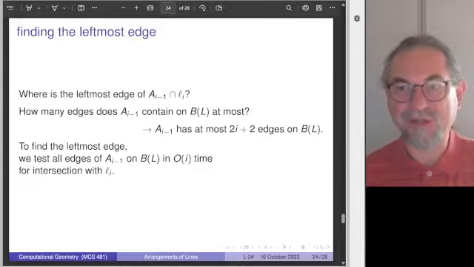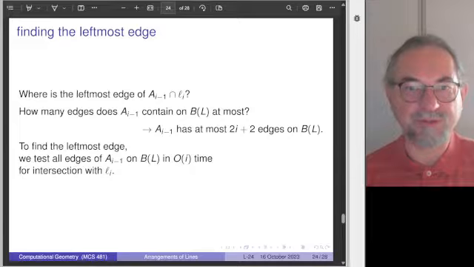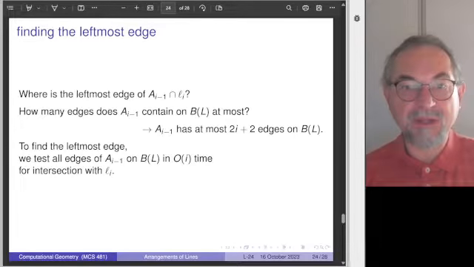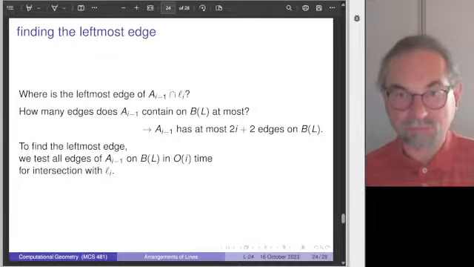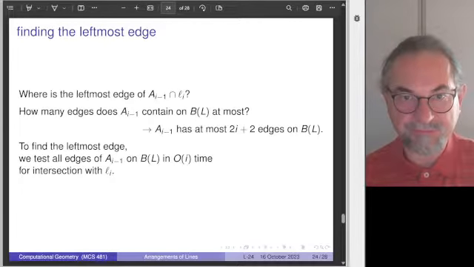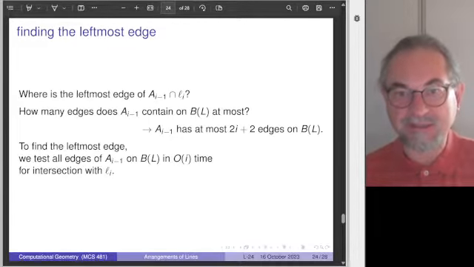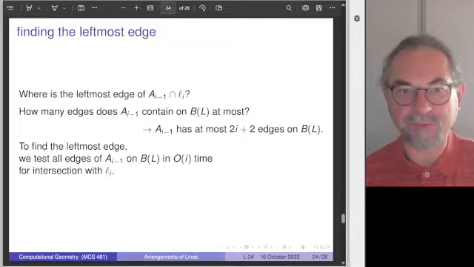If you have a line, you can compute the slope and try to predict where you need to consider. But in any case, if you have to test all the edges, then that can be done in time proportional to the number of lines you have already processed. So here it says how many edges there are on the boundary of the box. So finding the leftmost edge is linear.